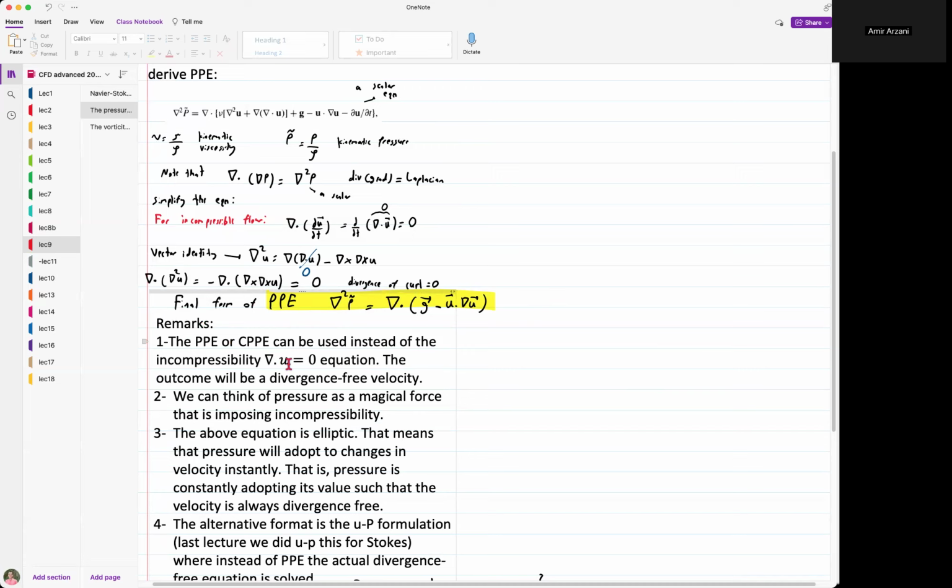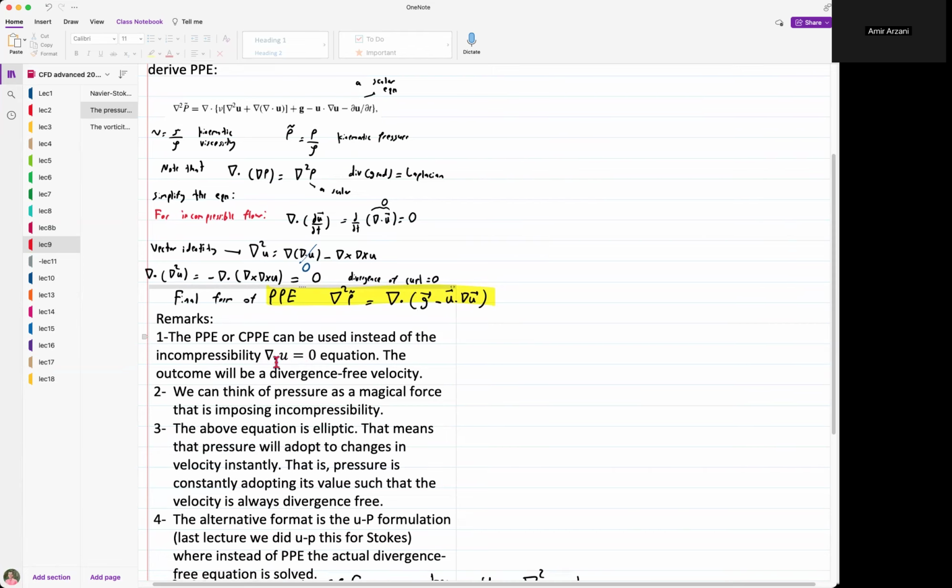Because in the coupled UP method for the Stokes equations, pressure didn't appear in the incompressibility condition, and that can cause numerical challenges. But here, you're solving for pressure using an equation that guarantees the incompressibility condition. So that puts pressure back into its role of enforcing incompressibility.